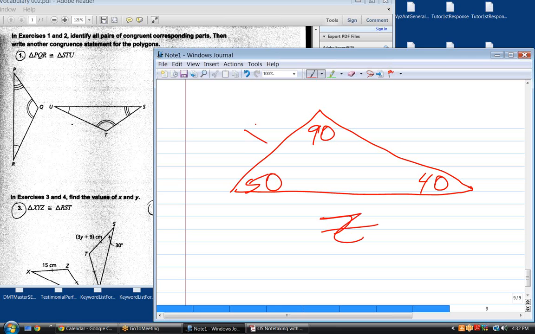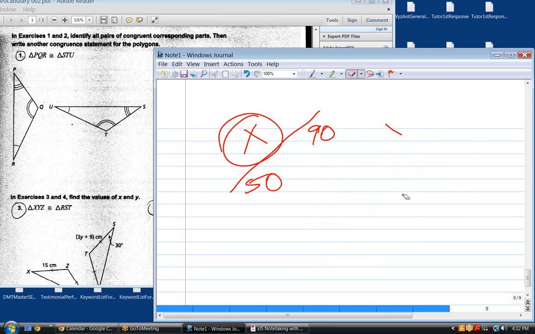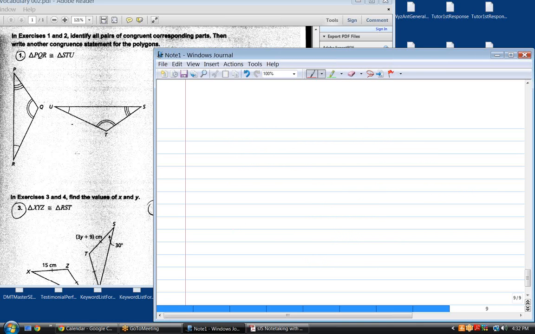I'm going to label them X, Y, and Z. So Z is the biggest because it's opposite the biggest angle. Which is bigger between X and Y? Y. That side is bigger than this side. Just remember that. The biggest side of a triangle is always opposite its biggest angle. The smallest side is always opposite the smallest angle. The medium side is always opposite the medium angle. Okay.